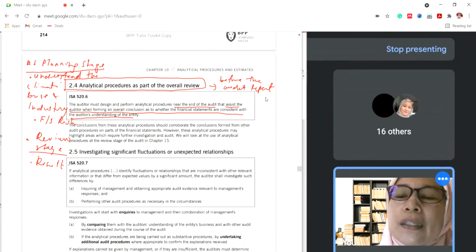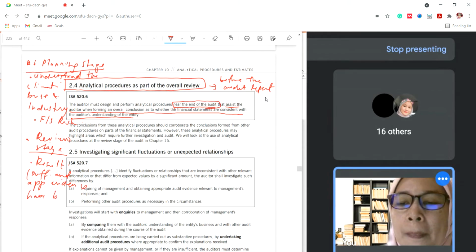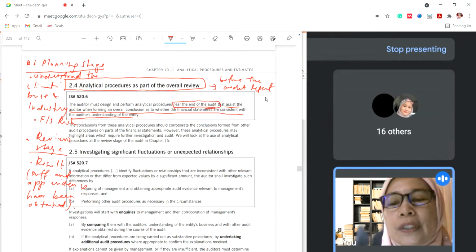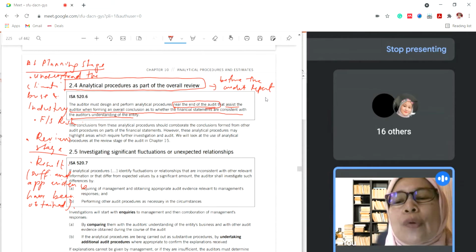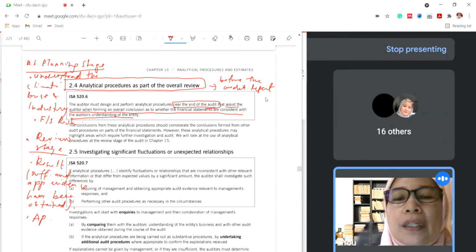So at the review stage, which is near the end of the audit, you already get the result. So this result, whether sufficient and appropriate evidence has been obtained. If you want to measure whether you gathered sufficient and appropriate audit evidence, then you have to perform the analytical procedure at the review stage.